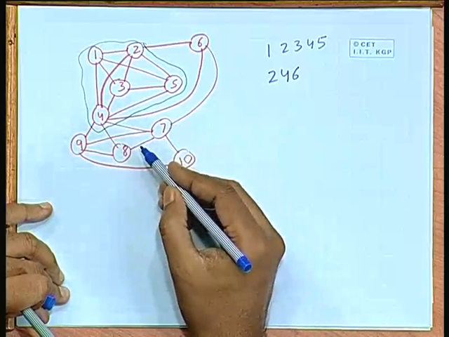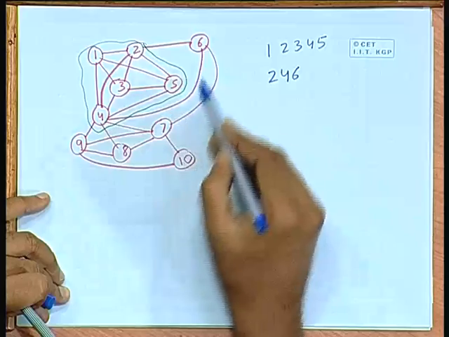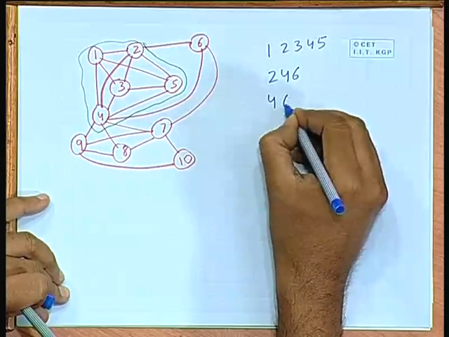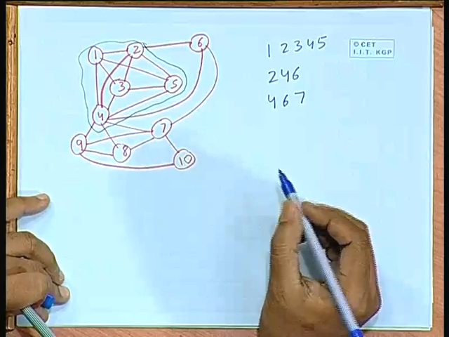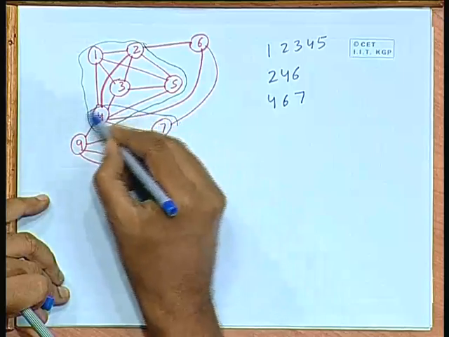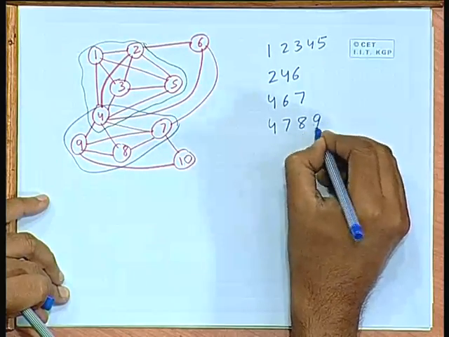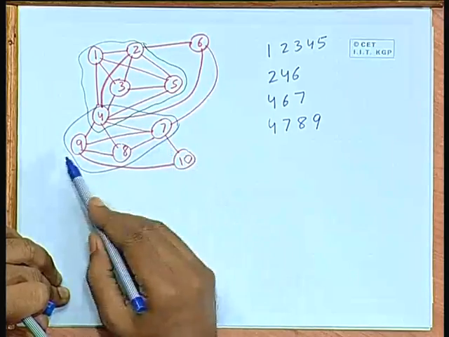There is another maximally complete subgraph consists of 4, 6 and 7. This is another triangle, 4, 6 and 7. There is another consists of 4, 7, 8, 9, and lastly there will be one 7, 9 and 10.